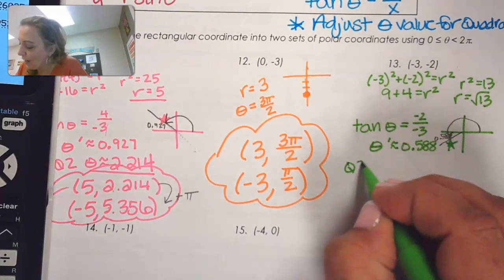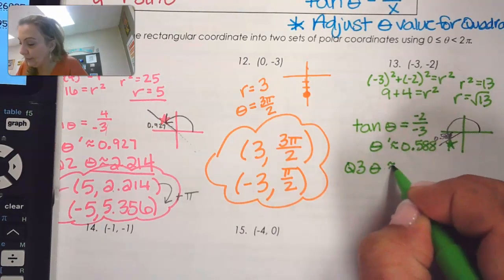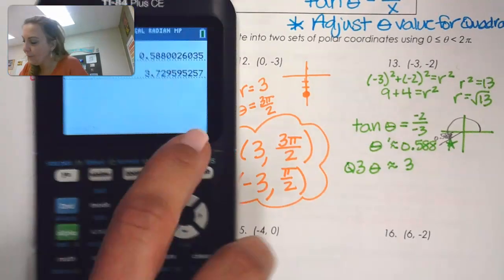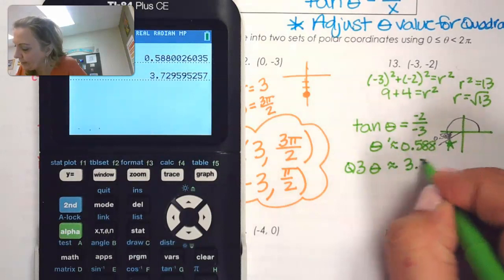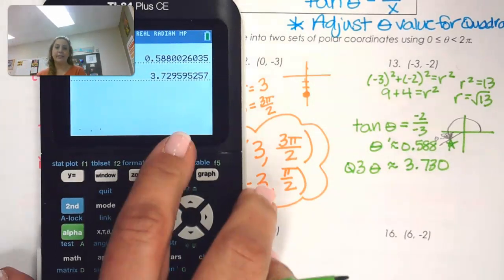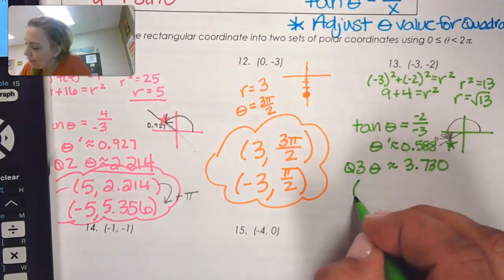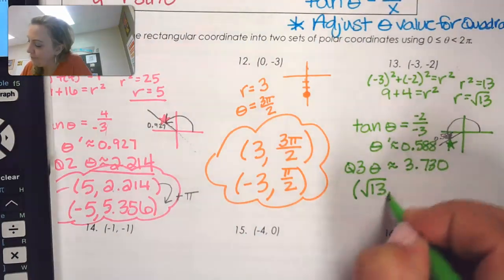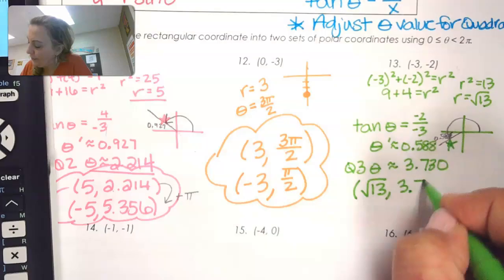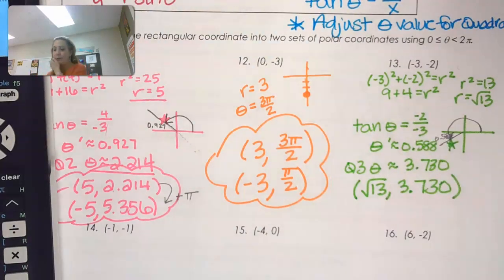And so my quadrant 3 theta value ends up being 3.730 if I'm rounding appropriately. Okay. So that's going to be one of my coordinates, R, theta, √13, and about 3.730.